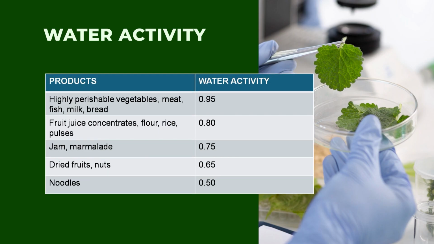For fruits and vegetables, or perishable foods, the water activity is 0.95. On the other end of the spectrum, noodles are at 0.5. Similarly, for jams it is 0.75 because they contain sugar, and for dried fruits it is 0.65. So this will give you an idea of what water activity is and what the shelf life is.